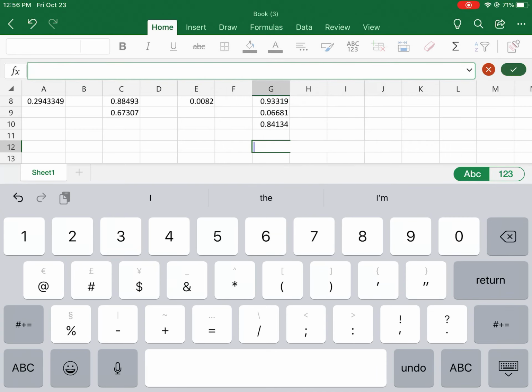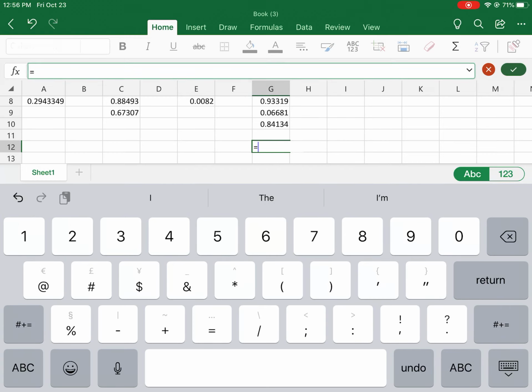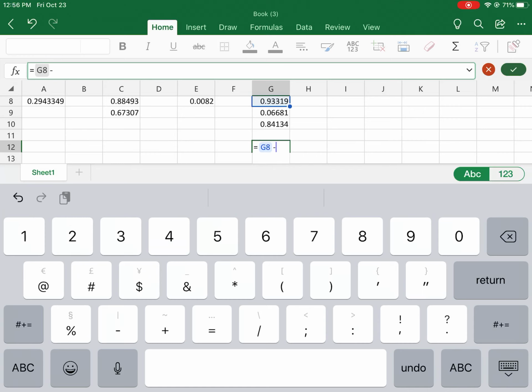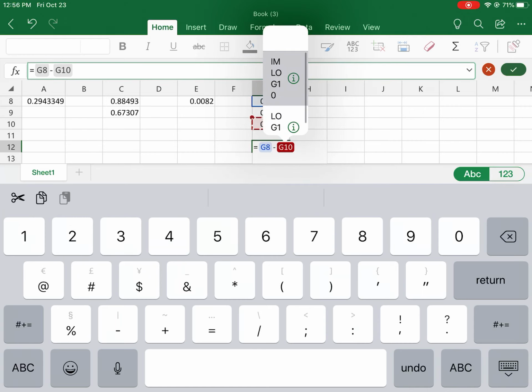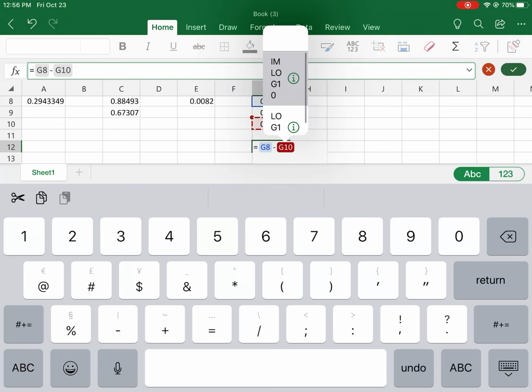We're just going to start this 100% over because I have no idea what it's doing. So equals this minus this. Oh, I see what I'm doing. Okay, so equals this minus this.